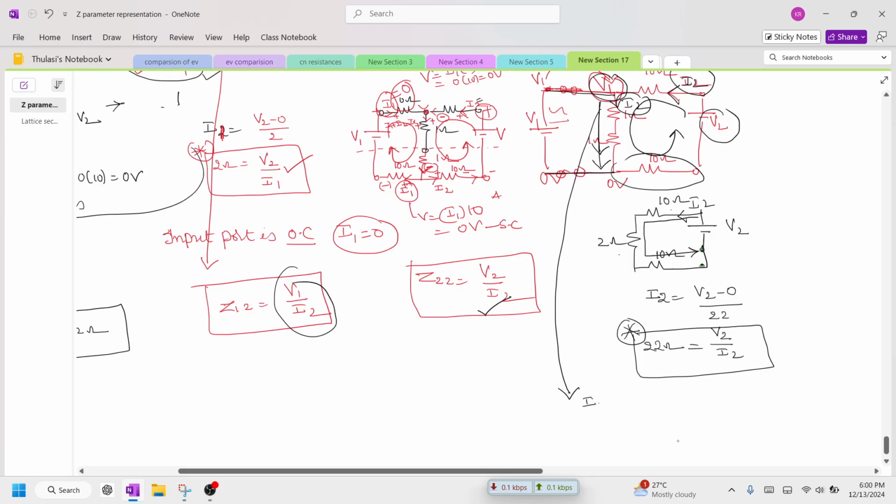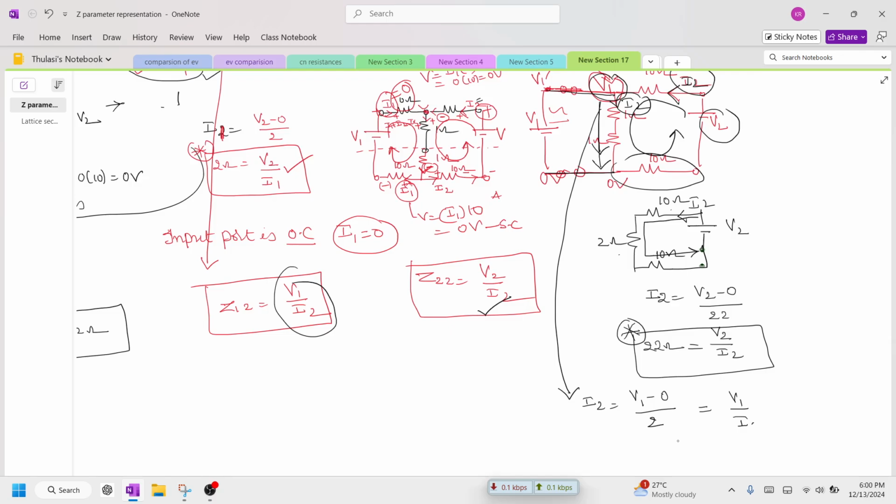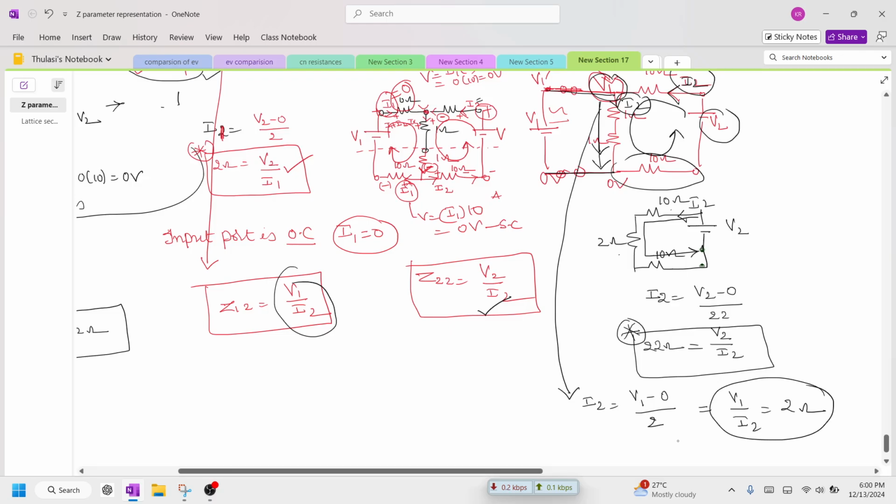Therefore I2 is equal to V1 minus 0 divided by 1 plus 1, which is how much? 2 ohms. But I require V1 by I2. So from here I can write V1 by I2 is equal to how much now? 2 ohms.